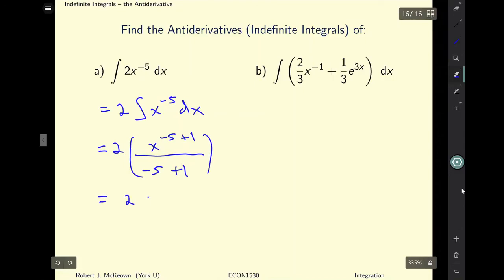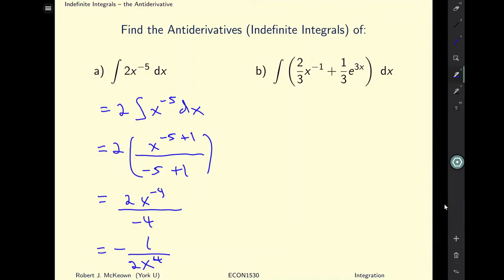So I'm going to get 2x to the negative 4 divided by negative 4. And I can rewrite this nicely as negative 1 over 2x to the 4.